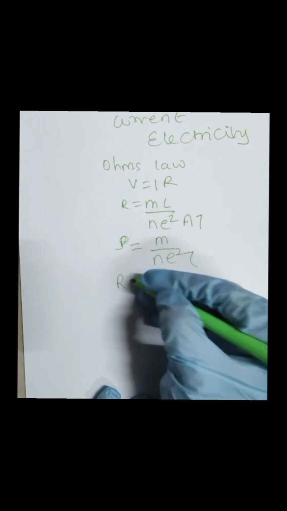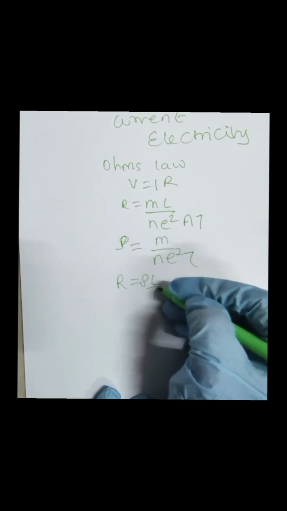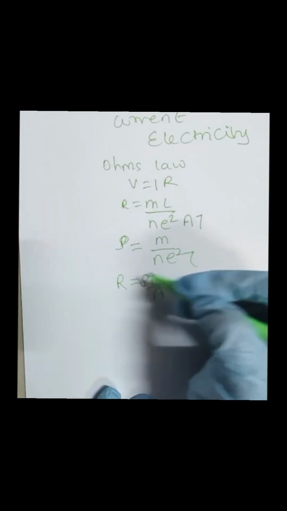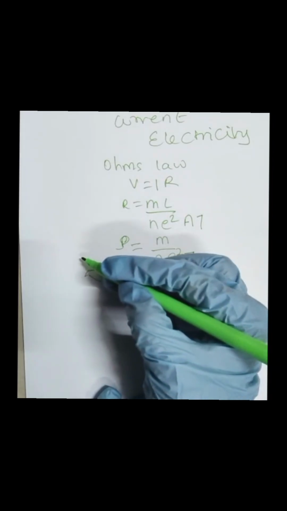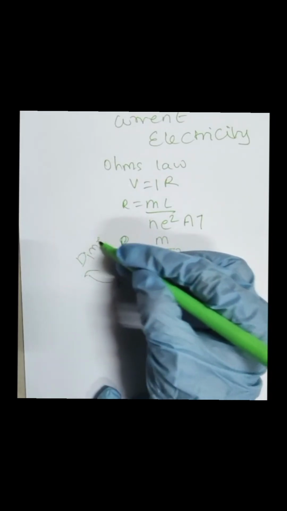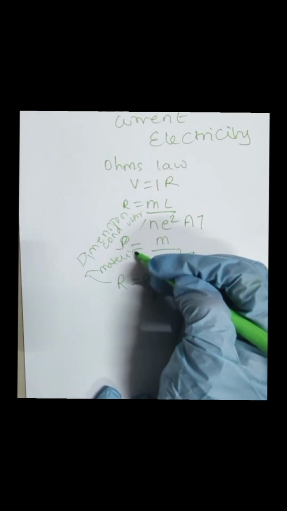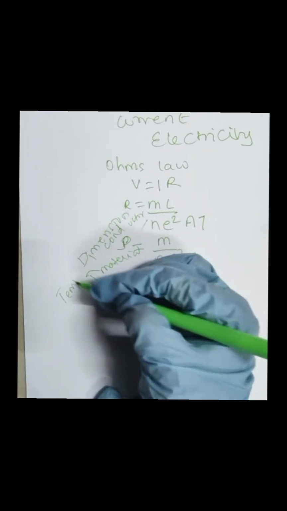Then R equals rho L by A. Next, the resistance of the conductor depends on the dimensions of the conductor, the material of the conductor, and the temperature of the conductor.